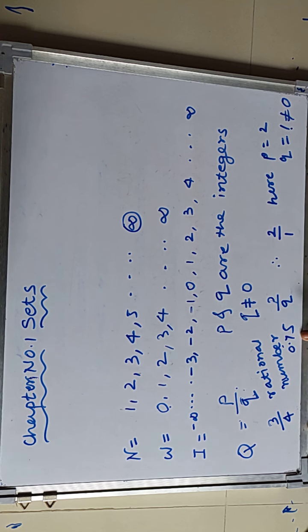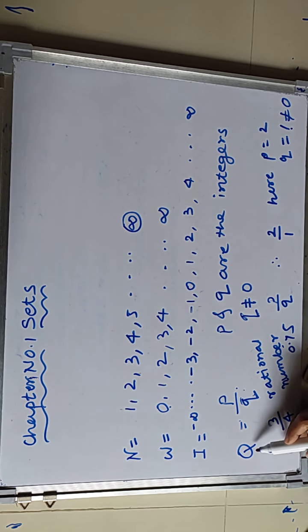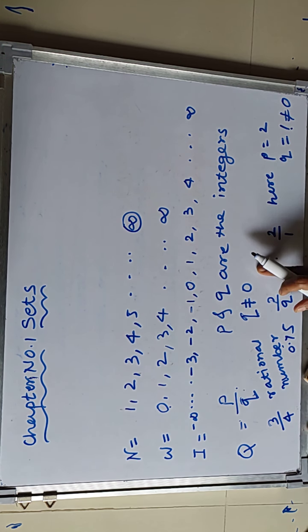It is in the form of a fraction. Therefore every rational number is not an integer, but every integer is a rational number. Now capital Q represents rational numbers.